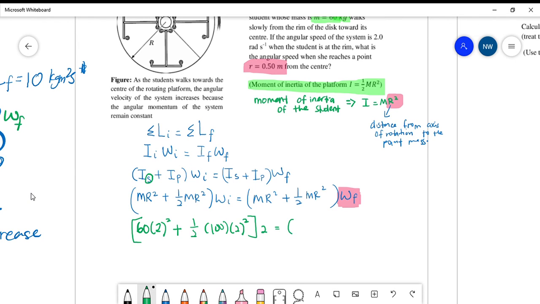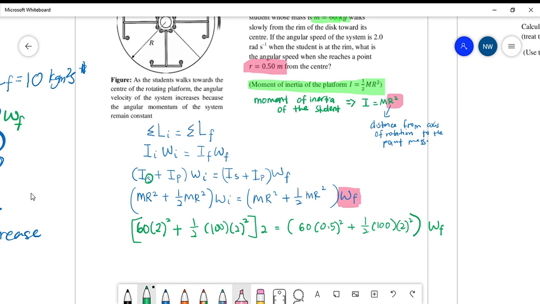And then on the other side, 60 times the final distance 0.5 squared plus a half times 100 times 2 squared. So the moment of inertia of the platform stays the same, and then we want to find the omega final.